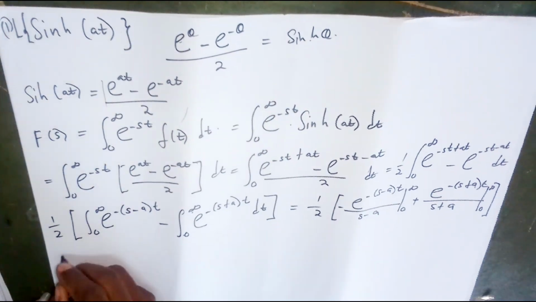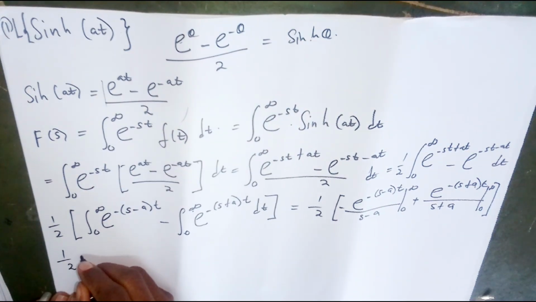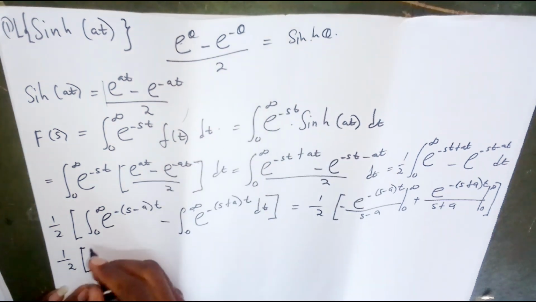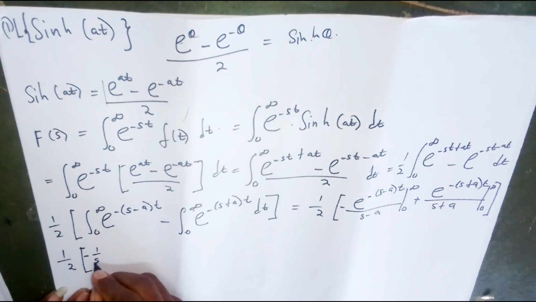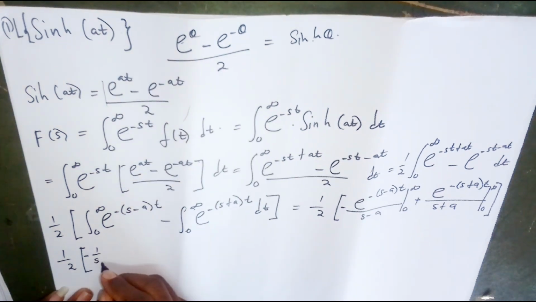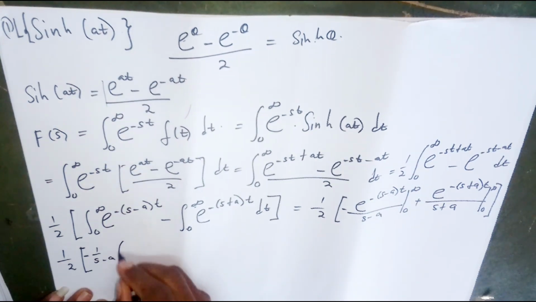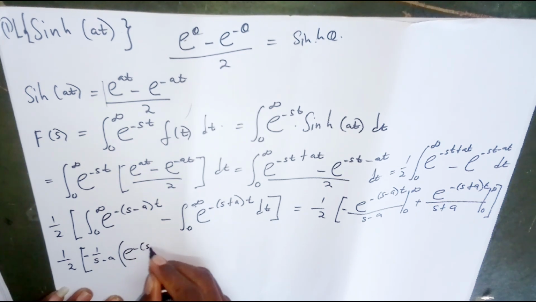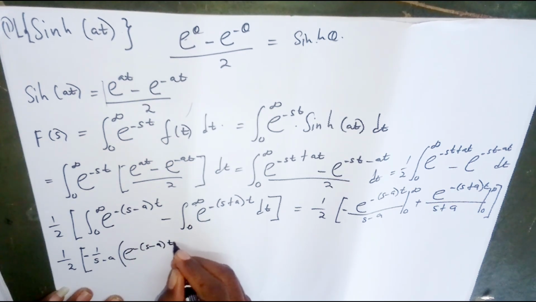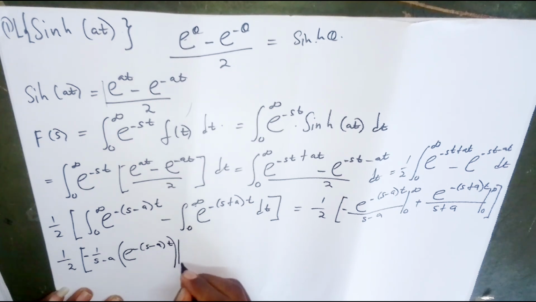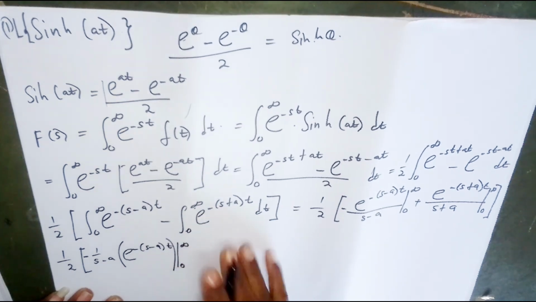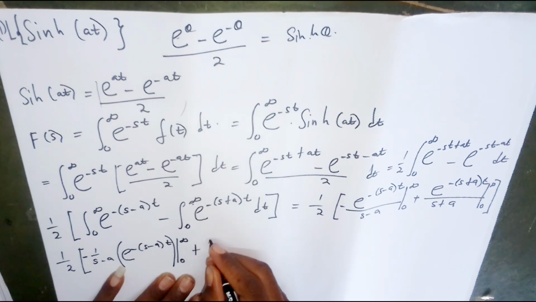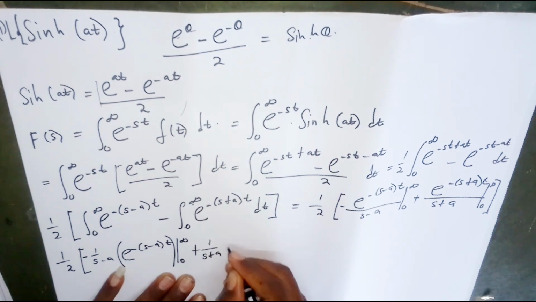And then here we leave a half, and we can factor out negative 1 over (s minus a) in the first bracket, and we are left in the bracket with e to the power negative (s minus a)t with lower limit 0 up to infinity, plus 1 over (s plus a).